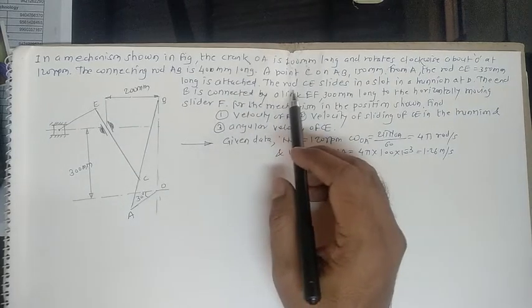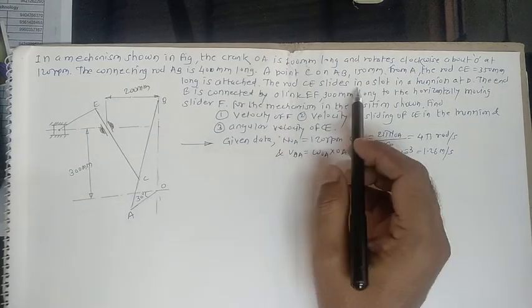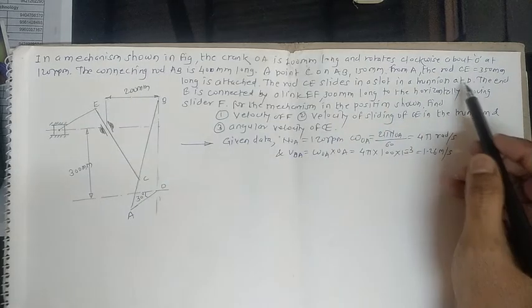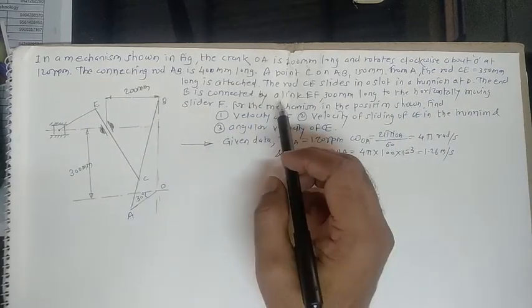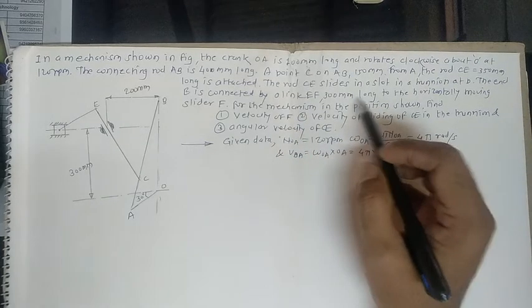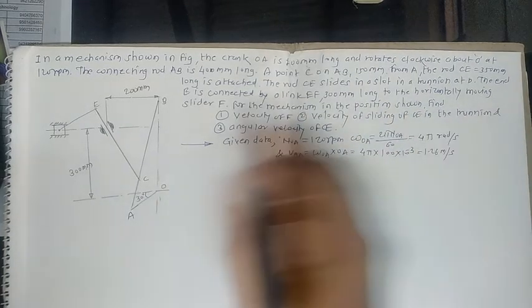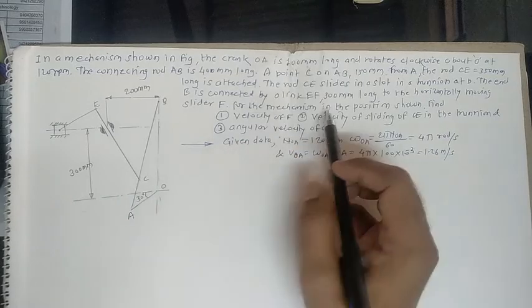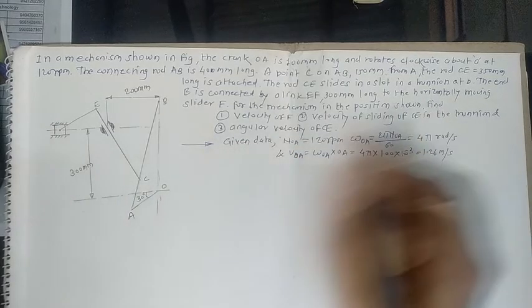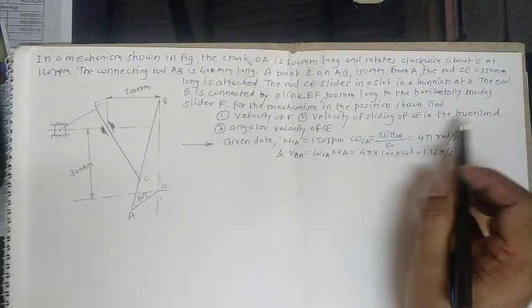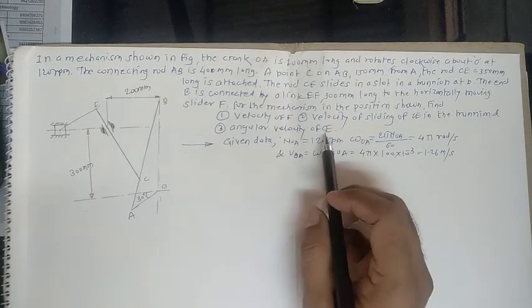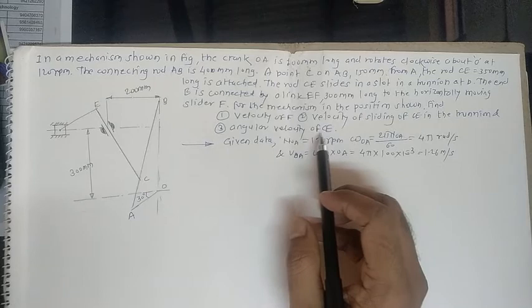The rod CE slides in a slot in a trunnion at D. The end E is connected by a link EF 300 mm long to the horizontally moving slider F. For the mechanism in the position shown, find the velocity of F, velocity of the sliding of CE in the trunnion, and the angular velocity of the link CE.